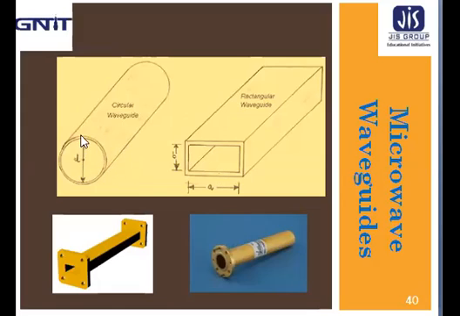Any shape of cross section of a waveguide can support electromagnetic waves, of which rectangular and circular waveguides have become more common. If a waveguide has a rectangular cross section, it is called a rectangular waveguide.